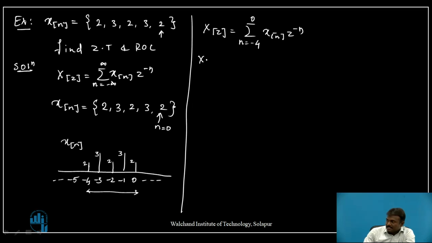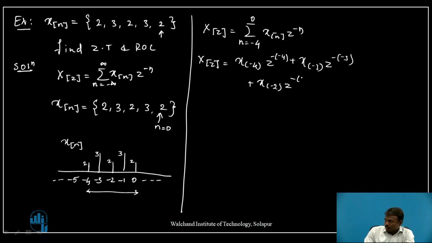Let us expand this X(z). X(z) is equal to x(minus 4) z to the power minus of minus 4 plus x(minus 3) z to the power of minus 3 plus x(minus 2) z to the power of minus 2 plus x(minus 1) z to the power of minus 1 plus x(0) z to the power 0.